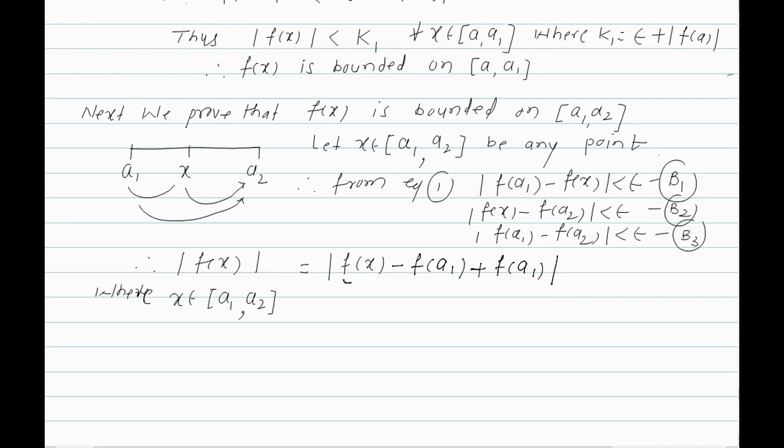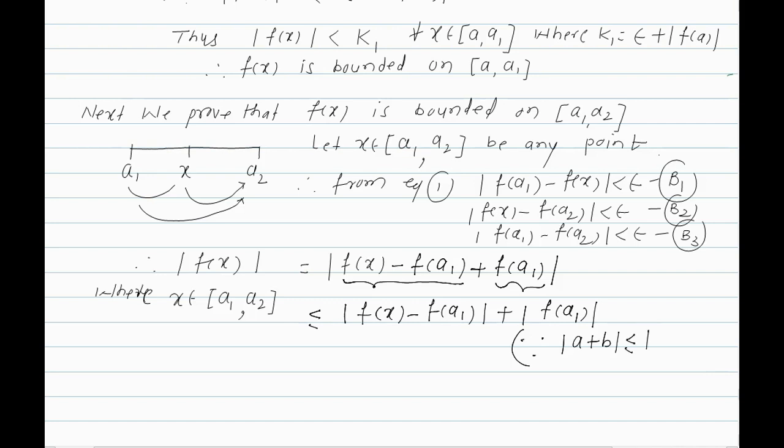Again there are two terms, so it is less than or equal to modulus of first term plus modulus of second term, using the property of modulus, mod of a plus b is less than or equal to mod a plus mod b.